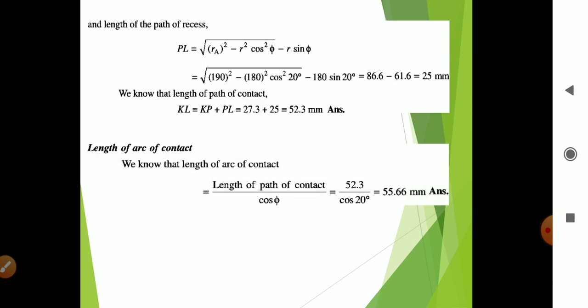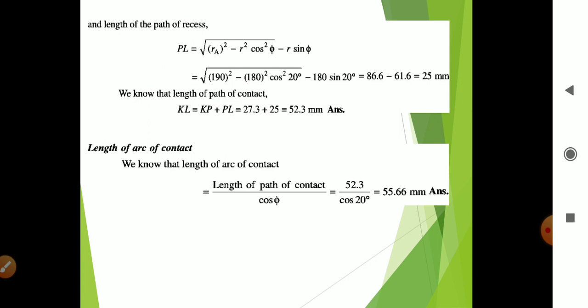Now, using this value, we have to find the length of arc of contact. We know that length of arc of contact is the ratio of length of path of contact divided by cos of phi.